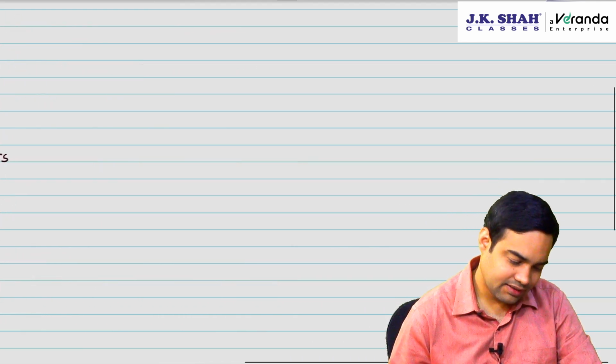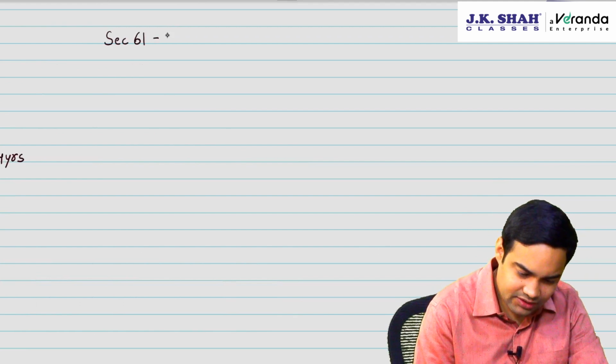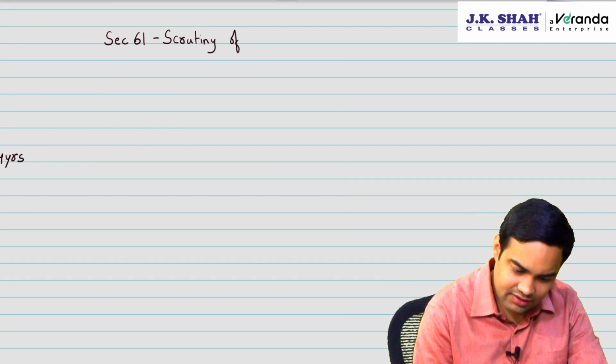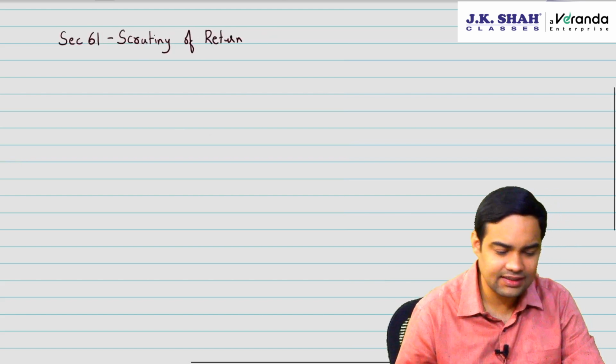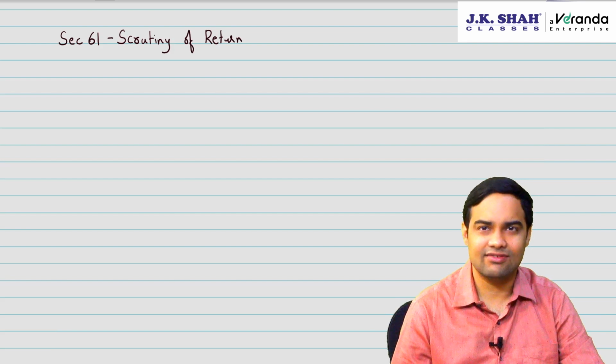Then coming to section 61, which deals with scrutiny of returns. Now the officer can scrutinize the returns and send a notice saying that this is the discrepancy which I found.